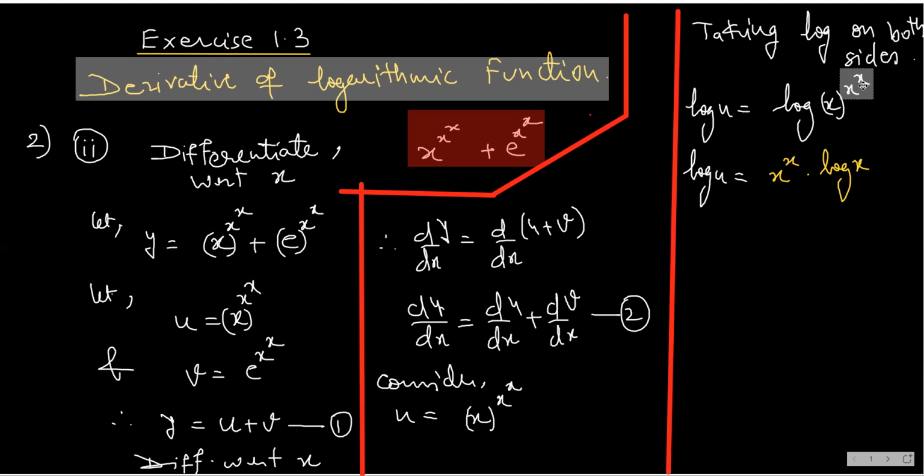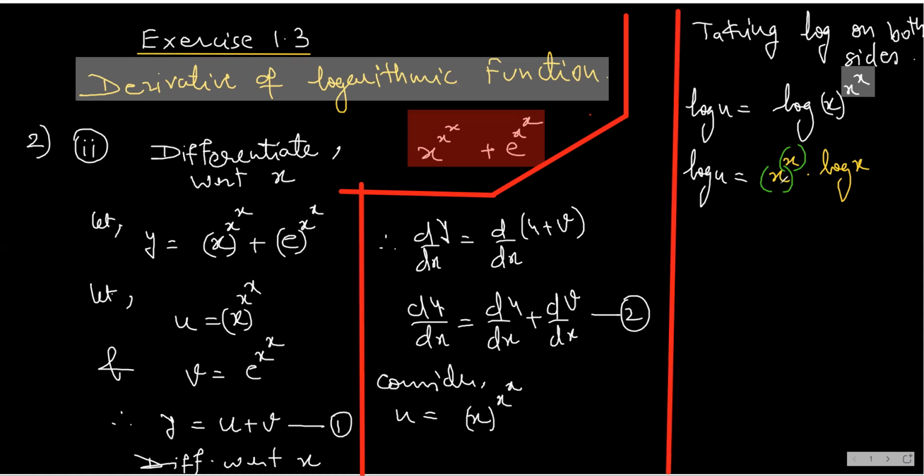It is no more in the exponent here, it has come here. But still I notice that I have that variable raised to variable thing, x raised to x. I still have that x raised to x.